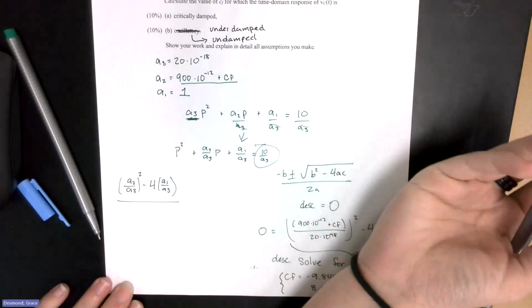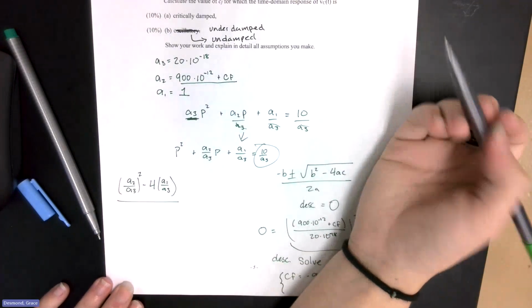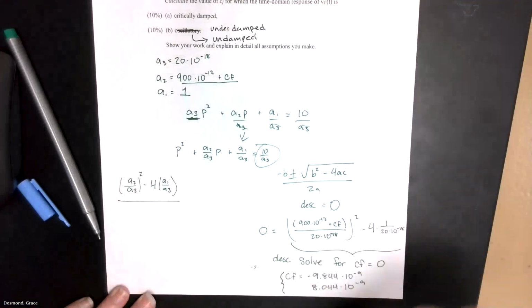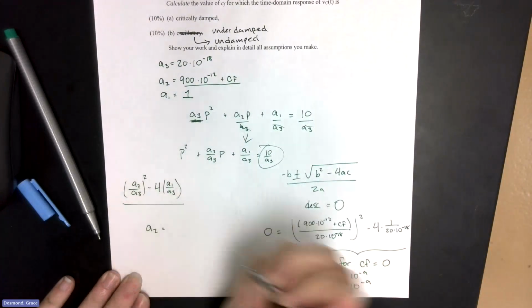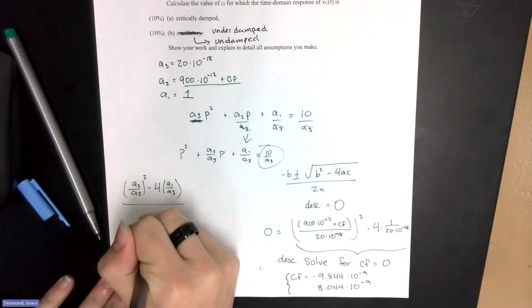Because that's what we're trying to solve, right? That's what had the A2 in it, and that's what had the CF in it. So we're gonna plug that in and figure out what the new A2 is for the positive root and for the negative root.